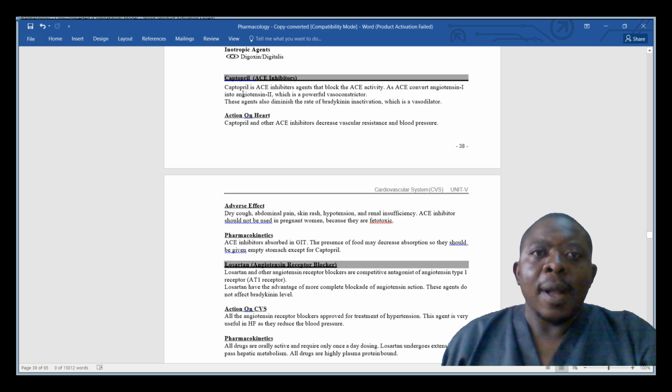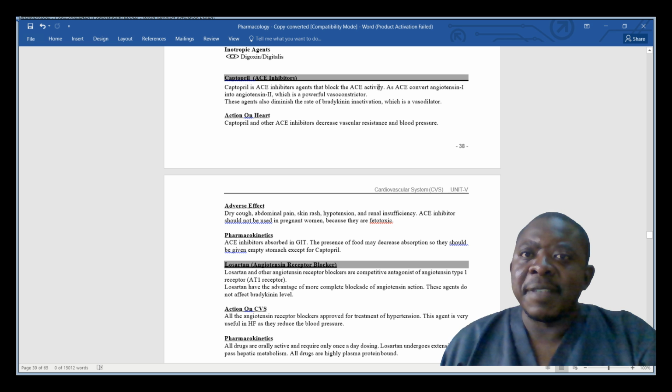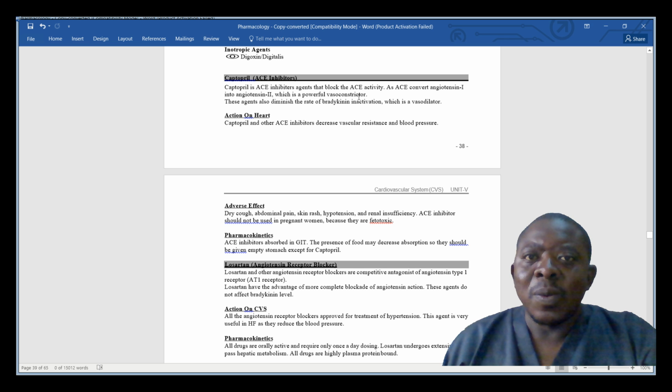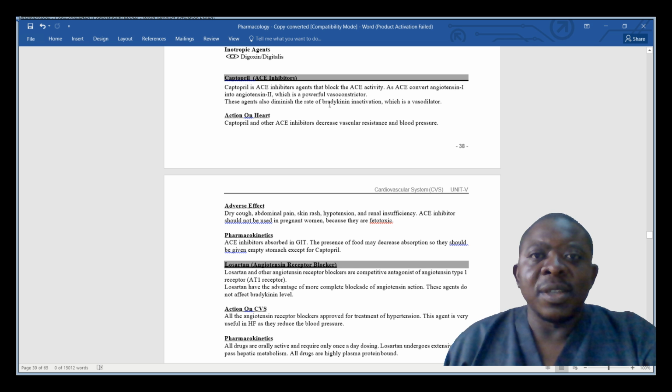So captopril inhibits or blocks the ACE activity, that is, angiotensin 1 being converted into angiotensin 2, which is a powerful vasoconstrictor. These agents also diminish the rate of bradykinin inactivation, which is a vasodilator.